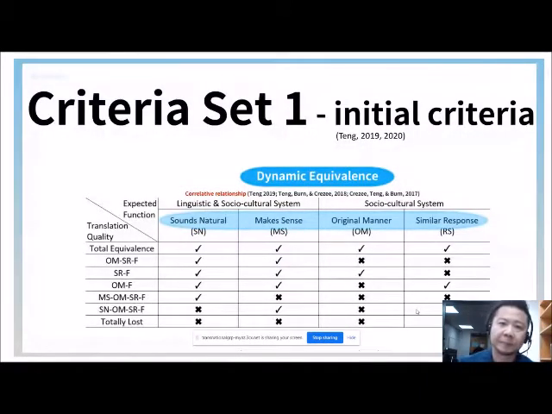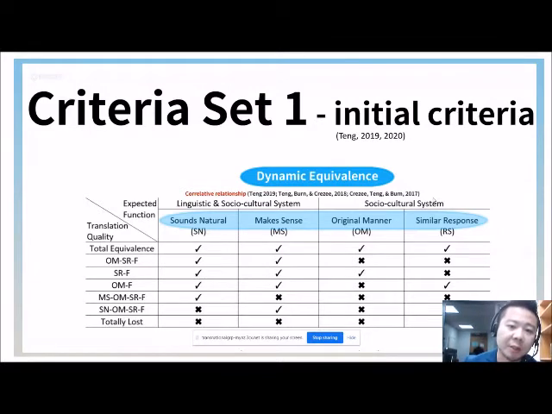This set of criteria is based on Eugene Nida's idea of dynamic equivalence, as you can see here. A dynamic equivalence translation needs to have at least four elements.